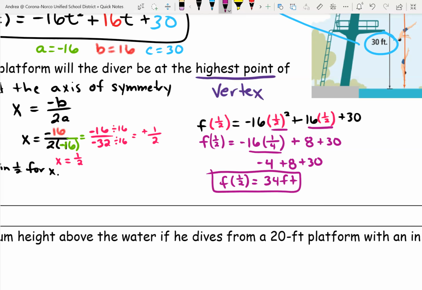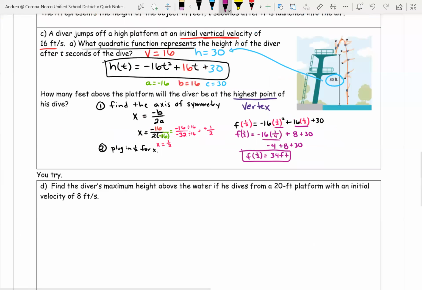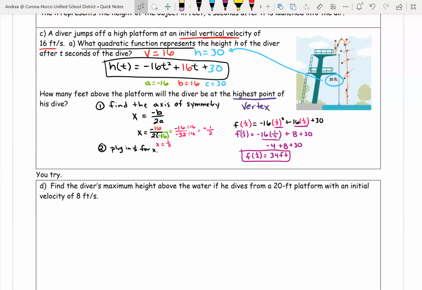Okay. So let's review what it's asking me for. How many feet above the platform? How high is the platform? 30 feet. Am I 34 feet above the platform? No. How many feet above the platform am I? 4 feet. Because this is my total height from the ground.